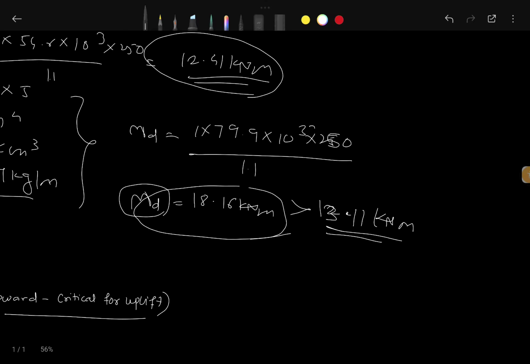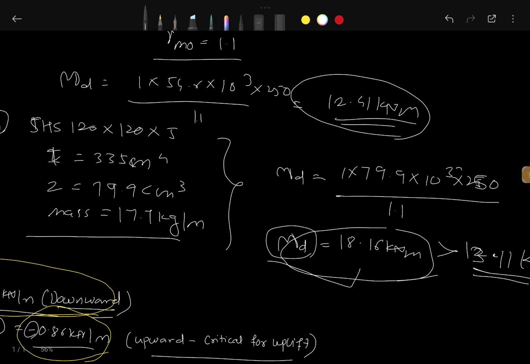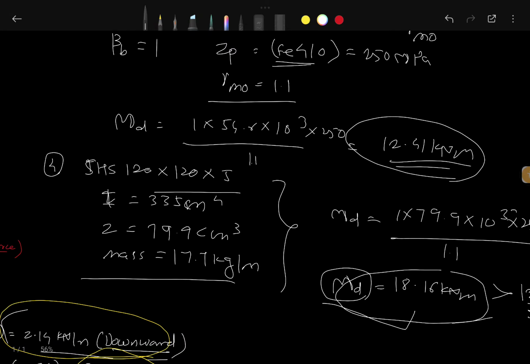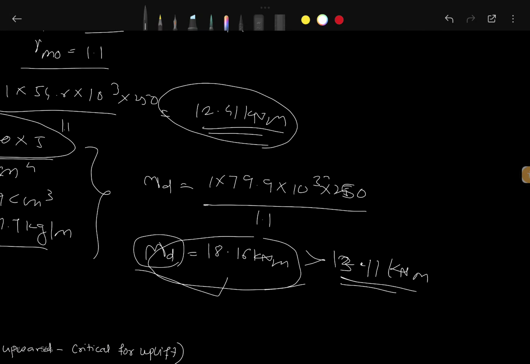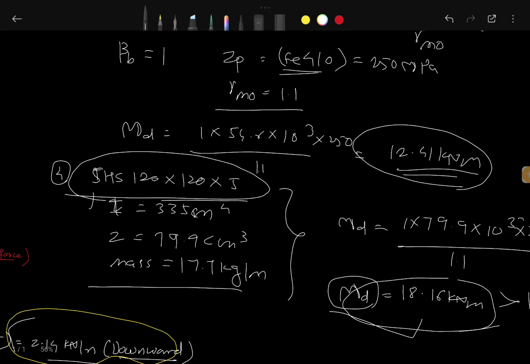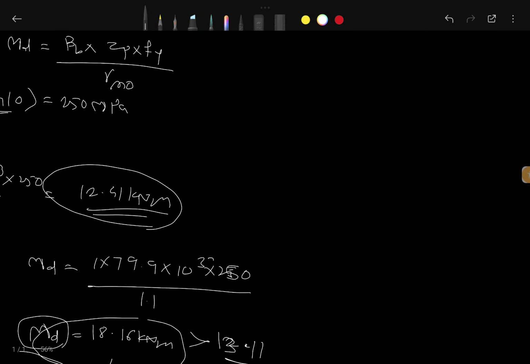So this section is suitable. Okay, this section is feasible for our purlin. Now this section is okay: SHS 120 by 120 by 5.